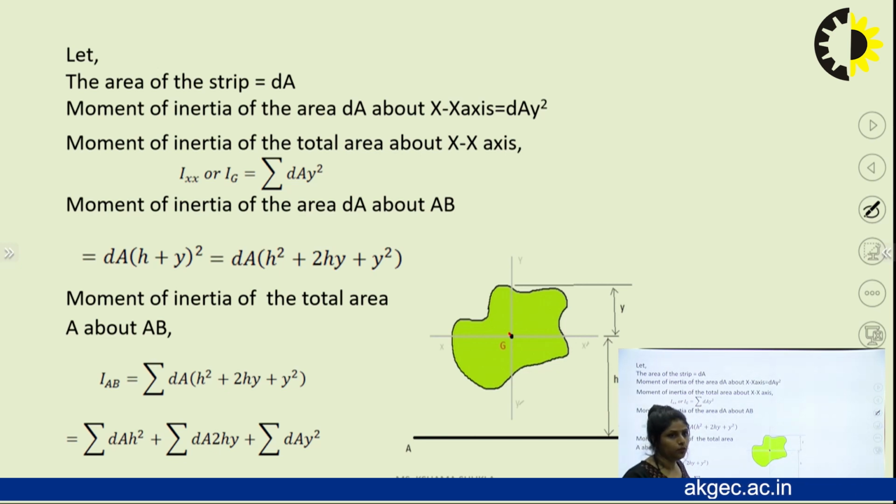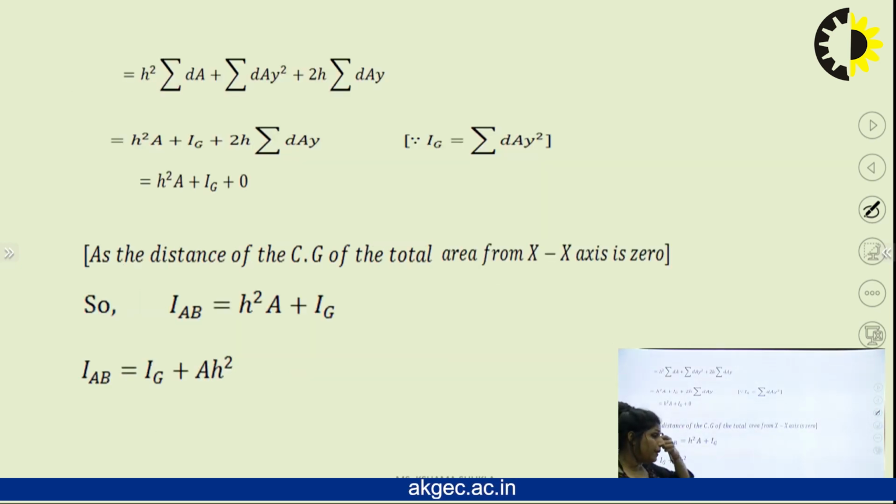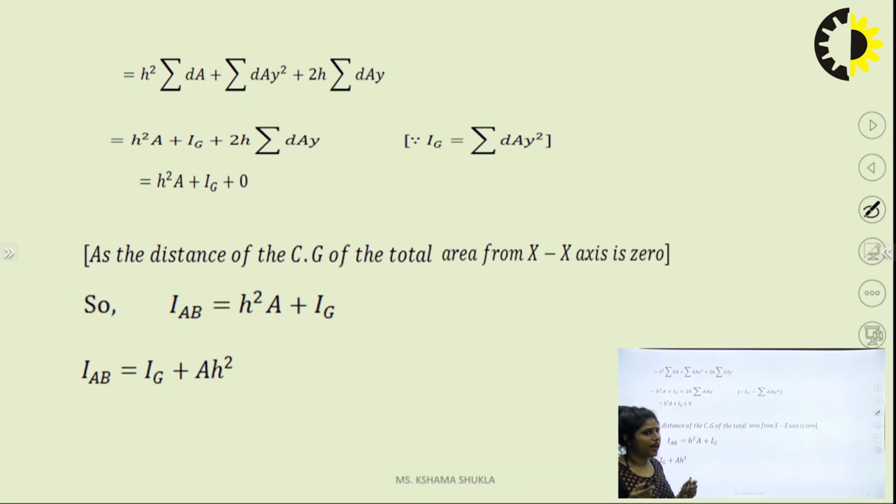Now the perpendicular axis theorem is used to find the polar moment of inertia, that is simply the addition of the moment of inertia in the xx direction and yy direction. The polar moment of inertia is the addition of Ixx and Iyy.